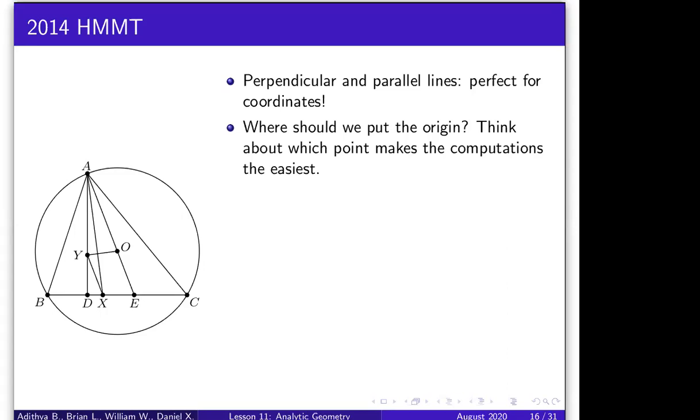And that would make a lot of the simplification much easier, especially the points X and Y, about which we don't know anything other than the conditions that XY and AO are parallel and OY and AX are perpendicular. So we'd probably need to set variables for those. So it's a good choice for D to be the origin in that case.